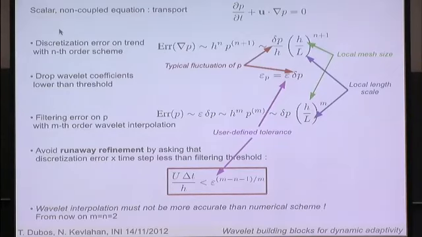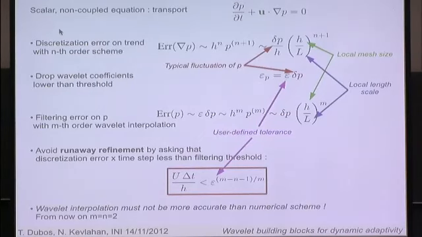I can make a rough estimate of this if I have a typical pressure fluctuation and a local characteristic size of the solution. So this depends on the solution, and this depends on how much you have refined. So I decide to throw out every wavelet coefficient which is below this threshold.